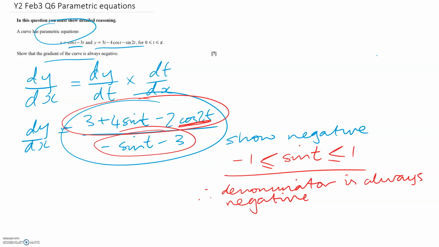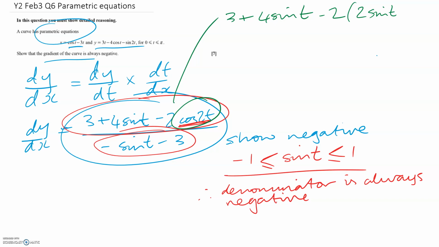Okay, so if we put that up there, we can replace the cos 2t. Sorry, I do apologize, I'm looking at the wrong thing.